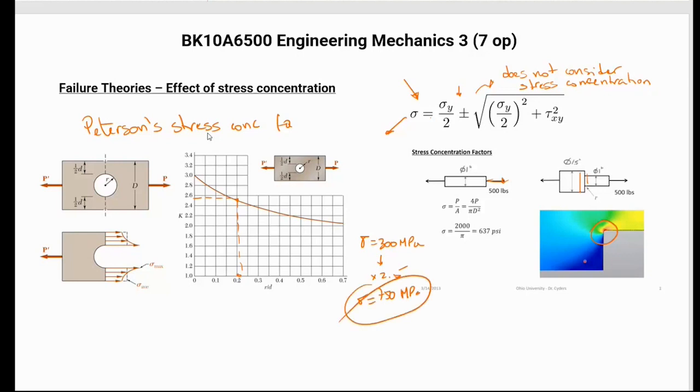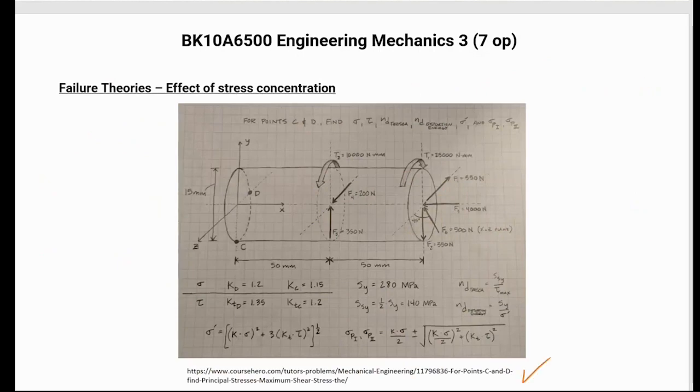Something that you don't consider. This is a very nice picture that I got from the internet. Shout out to this guy who did it. This is the very same formula in 2D. I didn't want to write it, so I was a little lazy, but you can find this in textbooks.